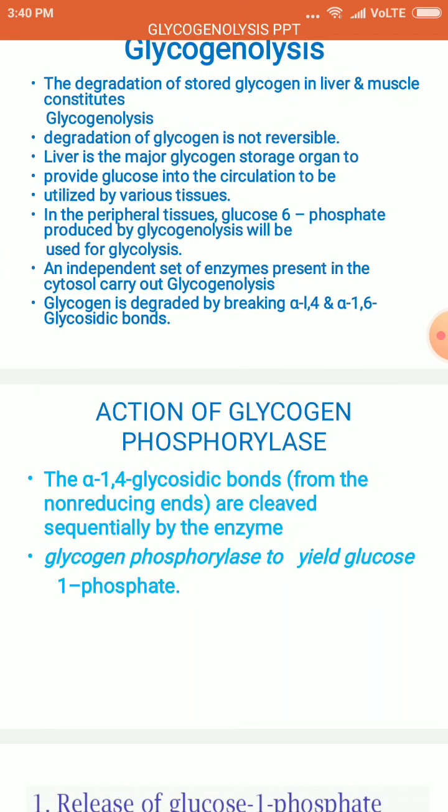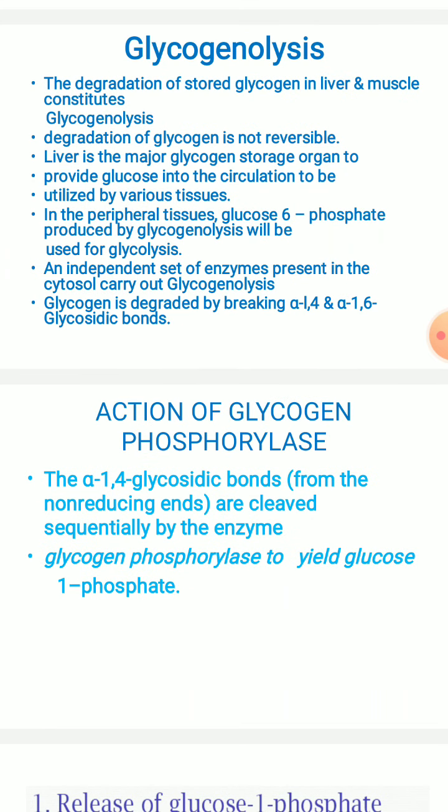So now let us see what is the action of this glycogen phosphorylase enzyme. Mainly the alpha 1,4 glycosidic bonds, you already know where will be the reducing end and non-reducing end. In the last class I have shown you that slide also. So the alpha 1,4 glycosidic bond, which will be present between two glucose molecules, from the non-reducing ends, is going to be cleaved sequentially with the help of this enzyme, that is glycogen phosphorylase, in order to yield glucose 1 phosphate molecule.